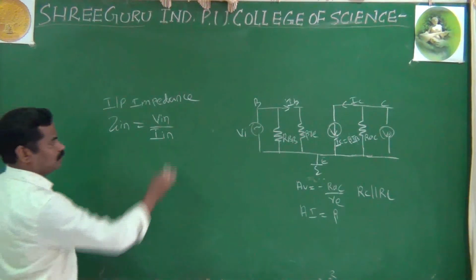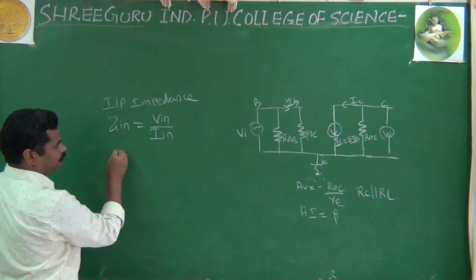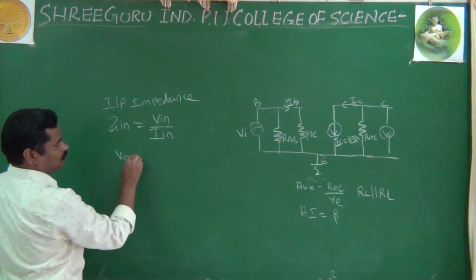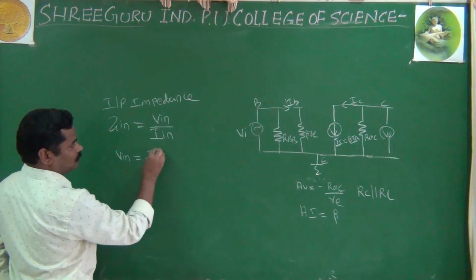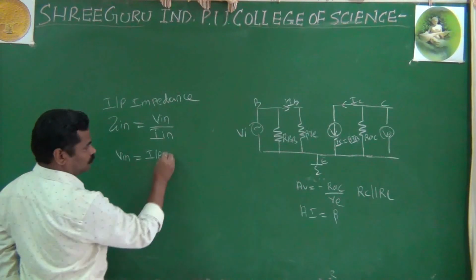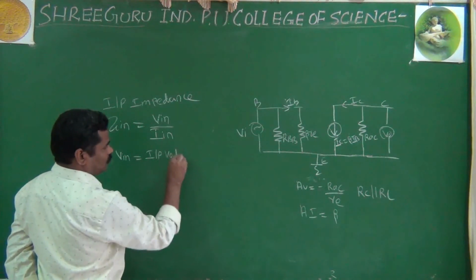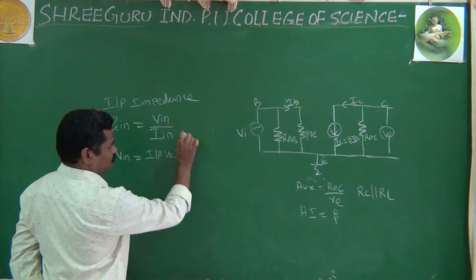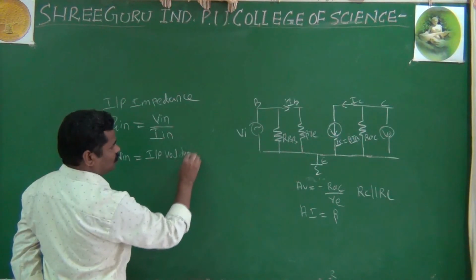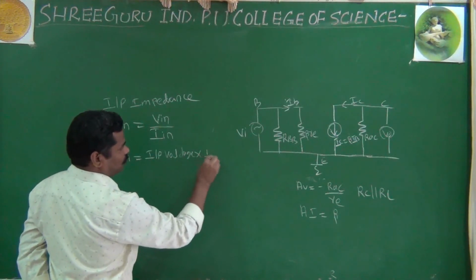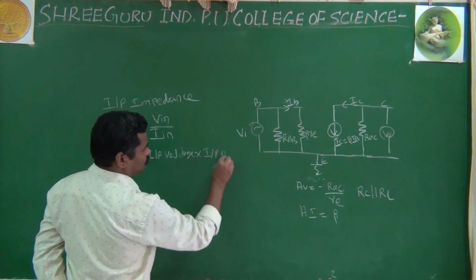And as we know already, how can we write V in? V in is equal to the input current into input resistance.